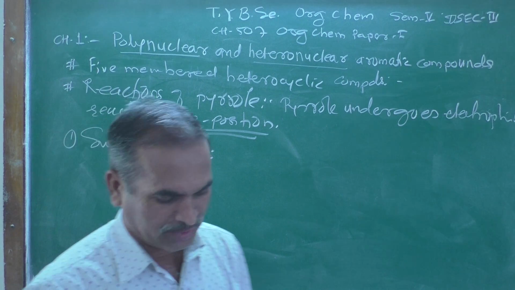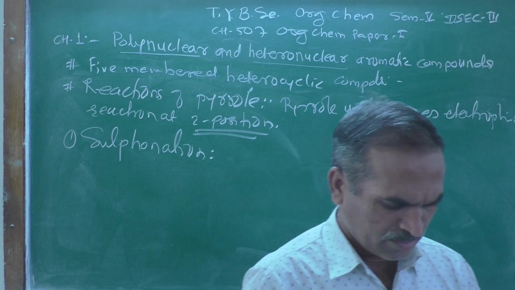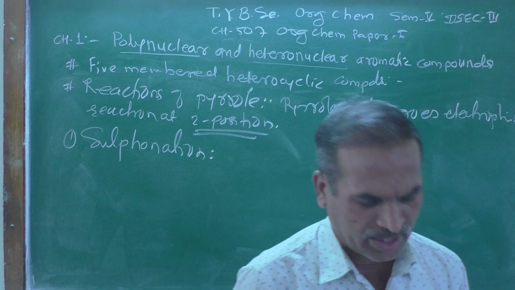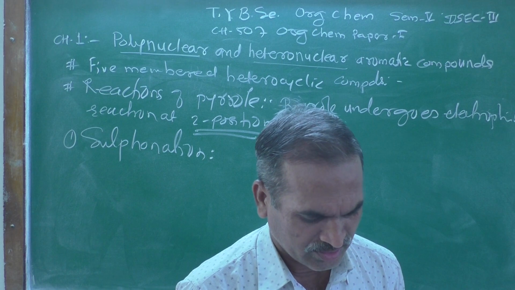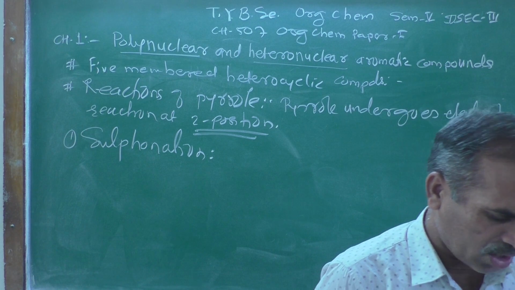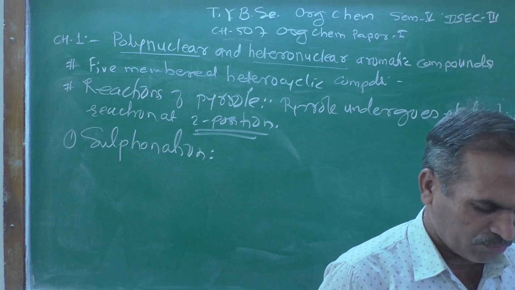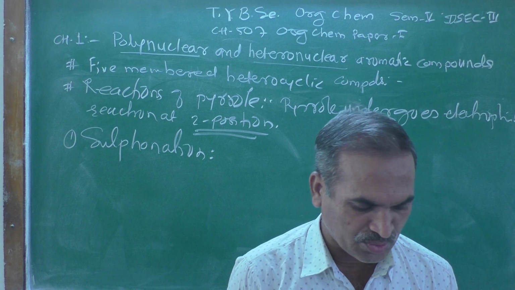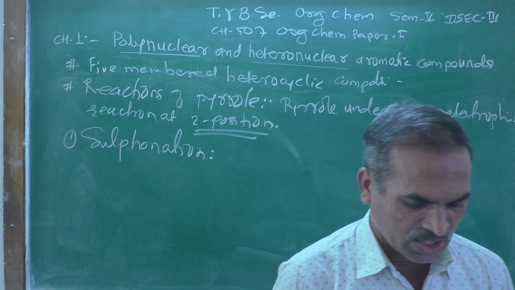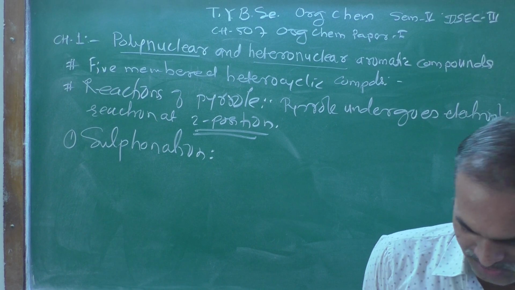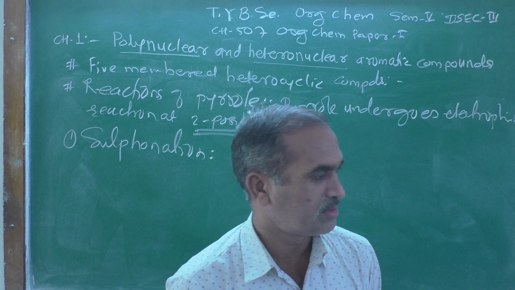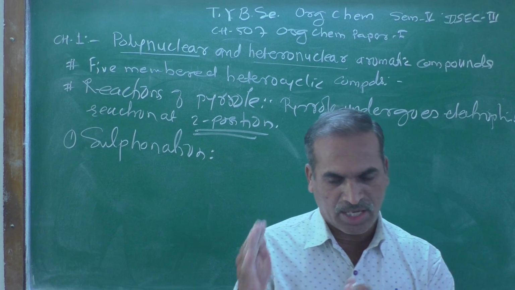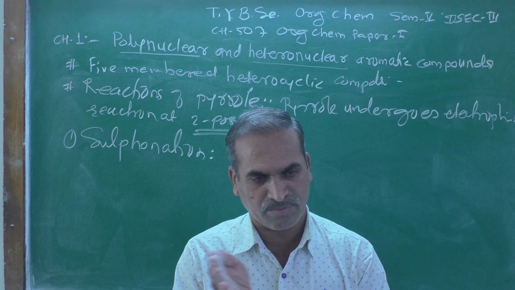Similar to furan, pyrrole on sulfonation with SO3 in presence of pyridine gives pyrrole 2-sulfonic acid. Concentrated H2SO4 cannot be used as pyrrole undergoes polymerization reaction. So the reason is slightly different in case of furan and in case of pyrrole.